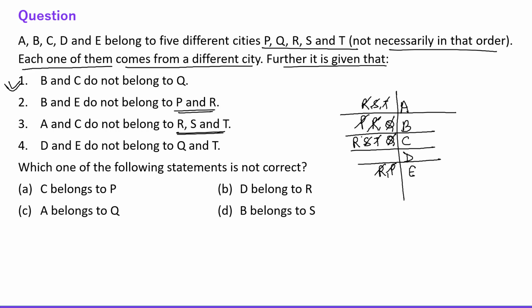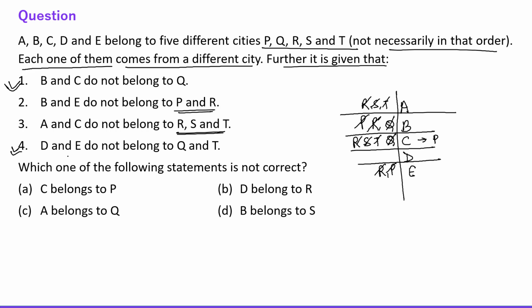See everyone, if we talk about C, then C does not belong to R, S, T and Q. Then obviously only one city is left, which is P. So C belongs to P. Fine. Now let's talk about the next statement.